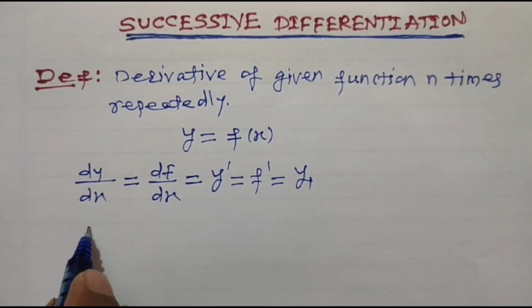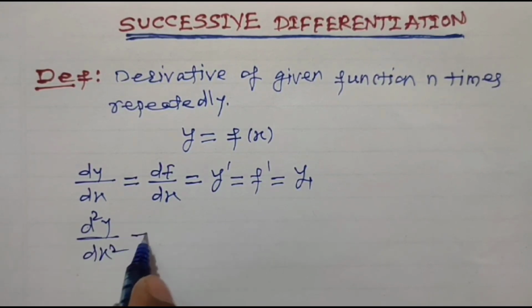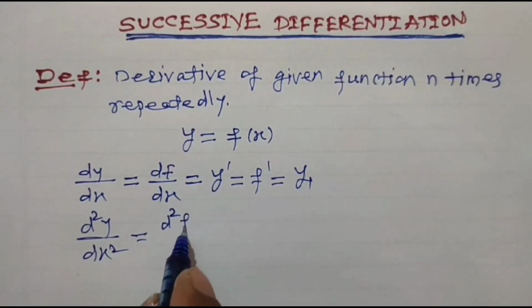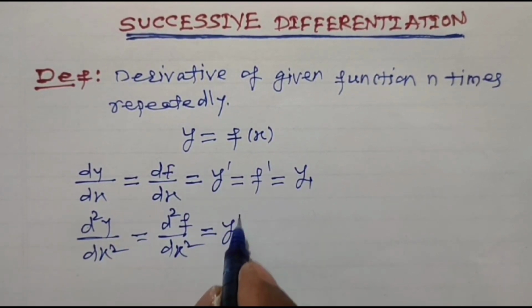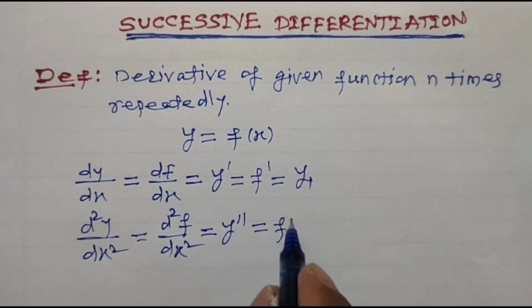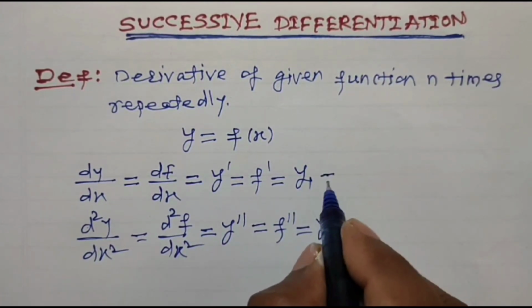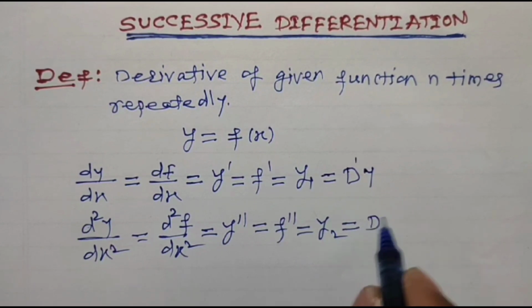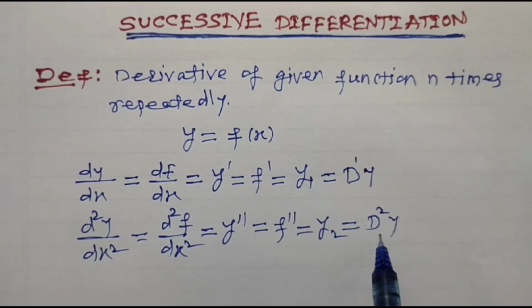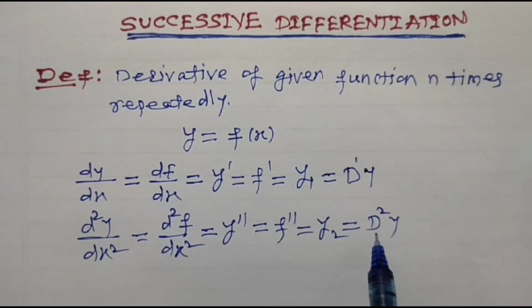Then similar to this, d2y by dx square, the second order derivative of f with respect to x square, we can represent like this: f double dash, or y2. The meaning of this is the second order derivative of y with respect to x.